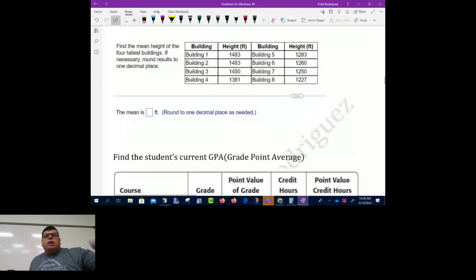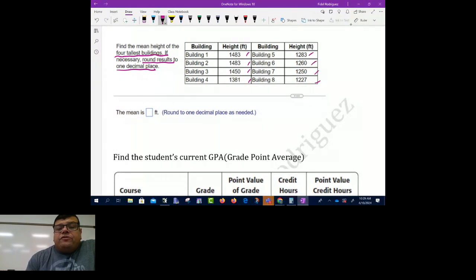Okay. All right. Y'all, for the next one here, it says find the mean height of the 4 tallest buildings. Okay, so y'all, we're looking for the 4 tallest. And then here it says, if necessary, round our results to 1 decimal place. Y'all, one thing I want you to notice, look at the numbers. This is building 1, 2, 3, 4, 5, 6, 7, 8.